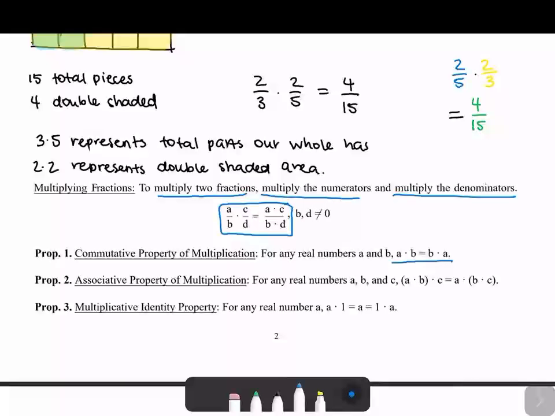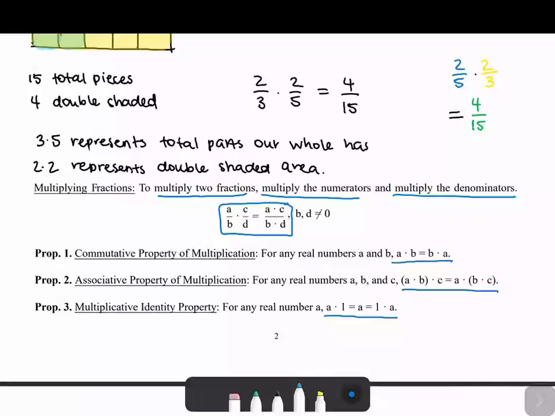We still have the associative property that says it doesn't matter how you associate your parentheses. And we also still have the multiplicative identity property that tells you that whenever you multiply anything by 1, it stays the same. So these are all the same properties that we've had before.